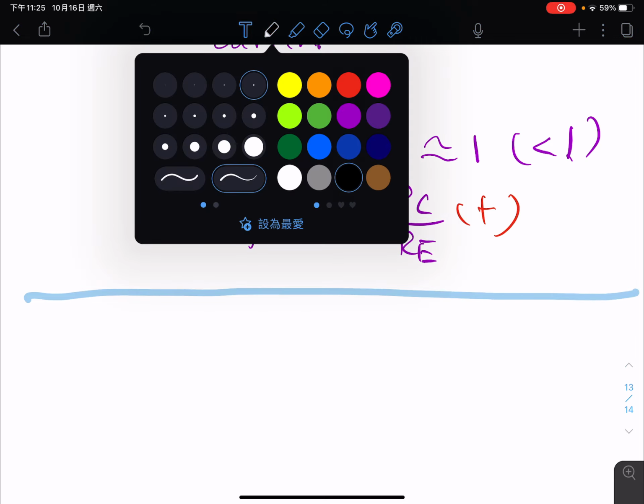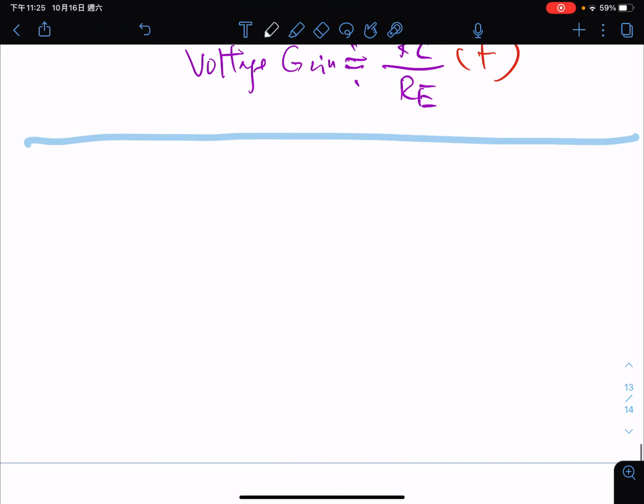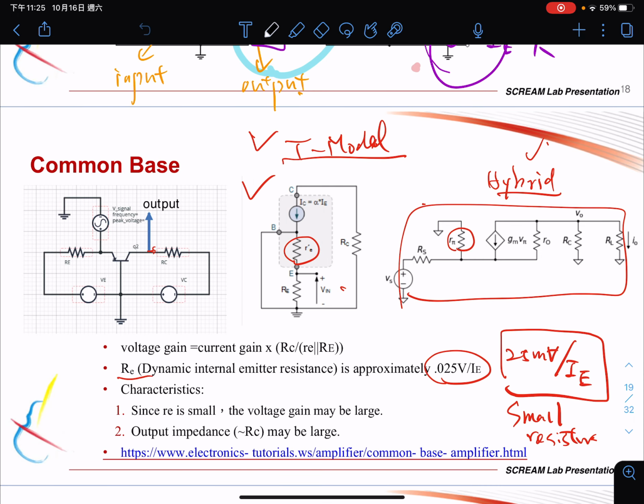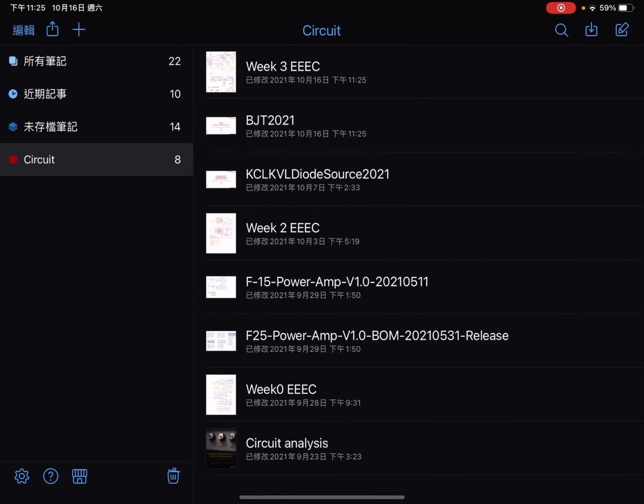For the common base, we are going to have a circuit something like this. This is our RC. Let me see what kind of transistor it is. It is a PNP transistor.